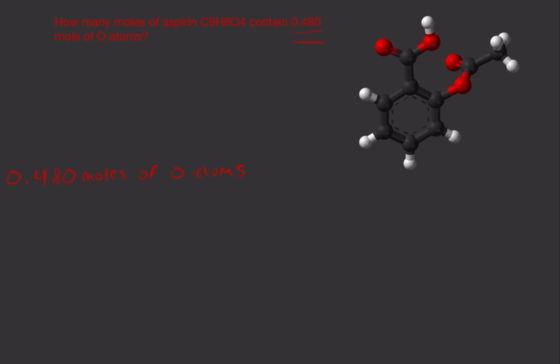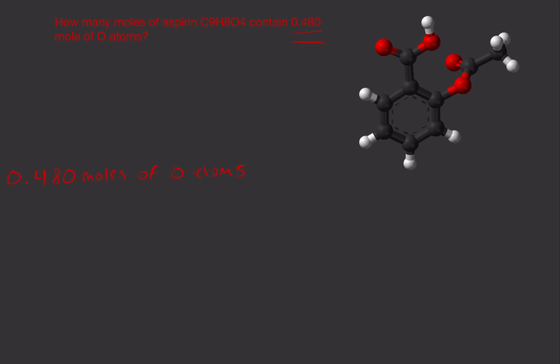Okay, so the given is 0.480 moles of oxygen atoms. So what are we looking for? We're looking for how many moles of aspirin. We want to know how many moles of aspirin contain 0.480 moles of oxygen atoms.